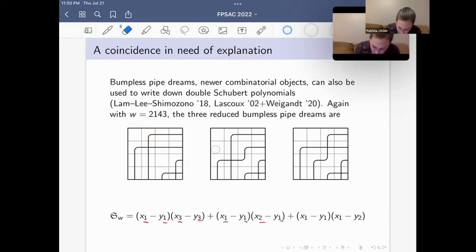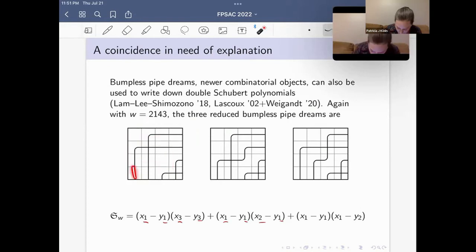And there's a rule where there are modifications that we're allowed to do. These are called droop moves. The way that we do a droop move is we look inside of a rectangle where we have a downward facing elbow in one corner and a blank tile in the other corner.